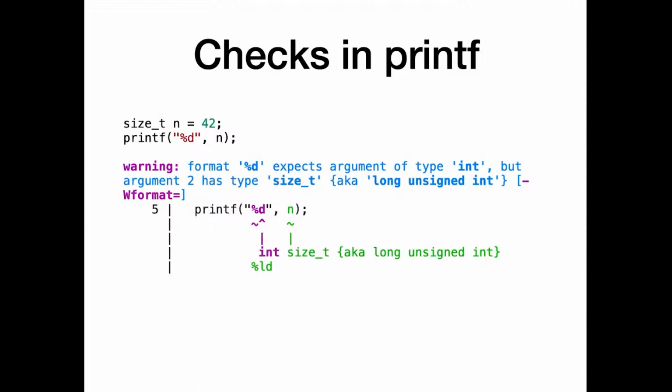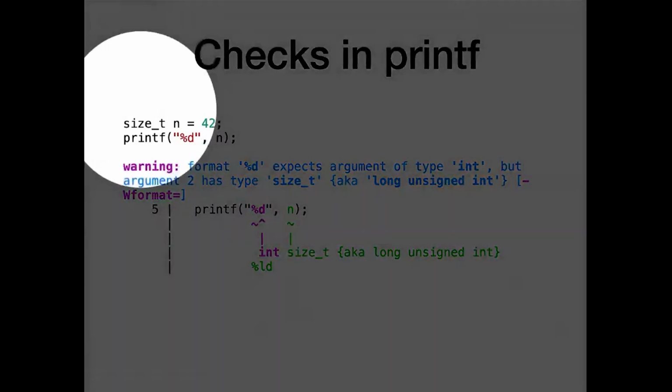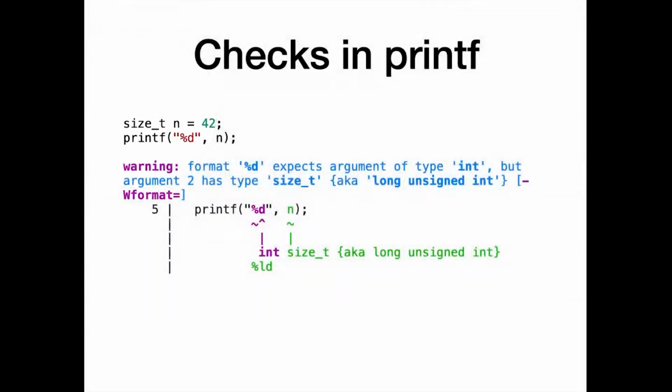And now we have a problem. It complains that although size_t is an integer, with printf you also have to specify the size of the integer. So it says you should really use not %d but %ld.